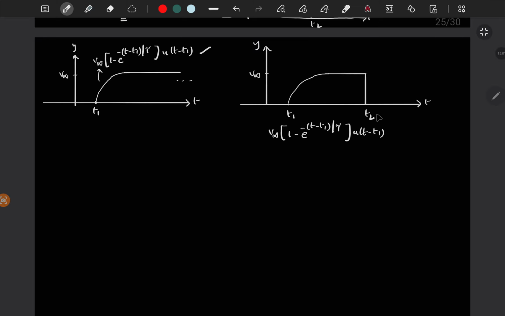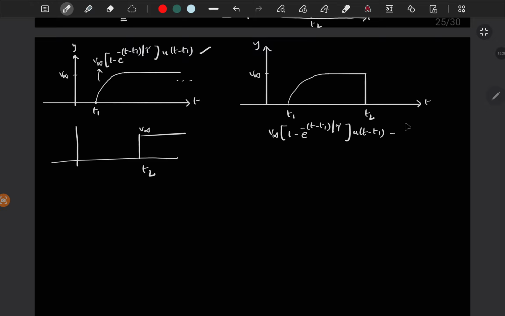But it is going to 0 at t2, which means you have to make this magnitude 0, which means you have to subtract the magnitude of v infinity from t2. I am saying if you subtract this graph from this graph, let's say this is from t2 and the magnitude is v infinity, then you will get this, right?